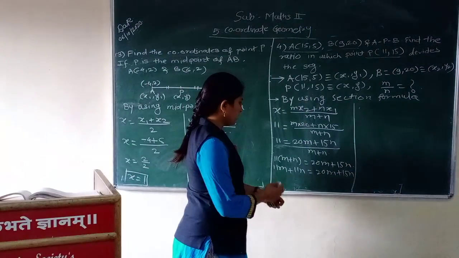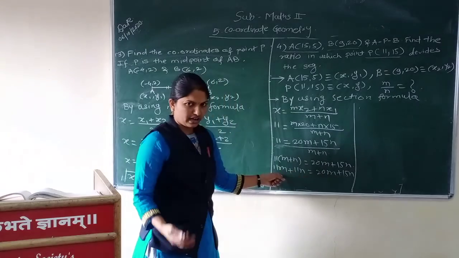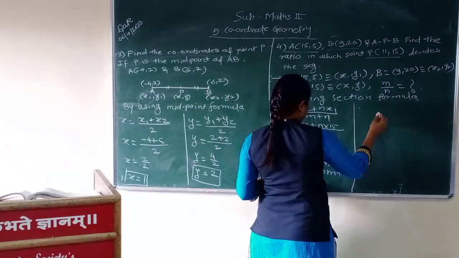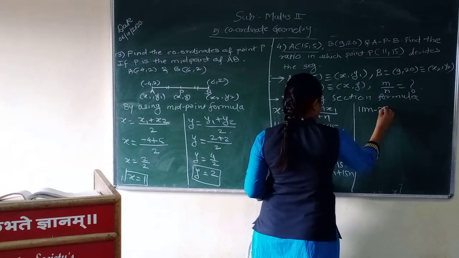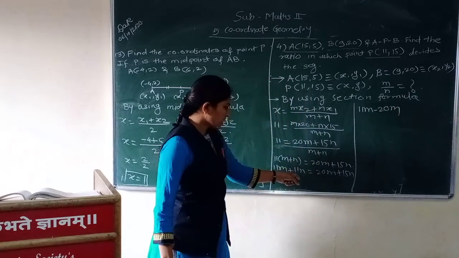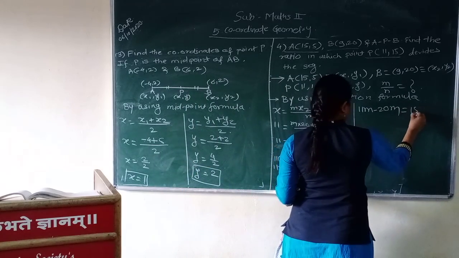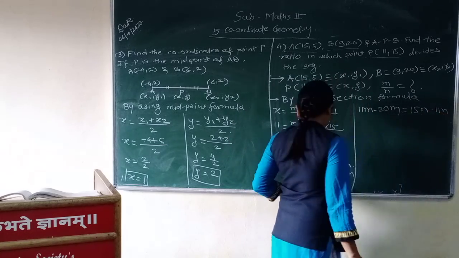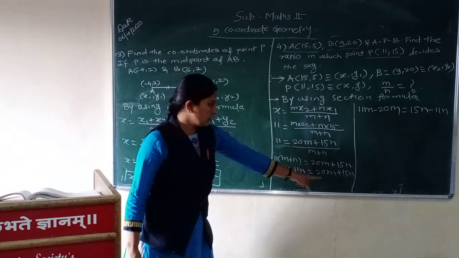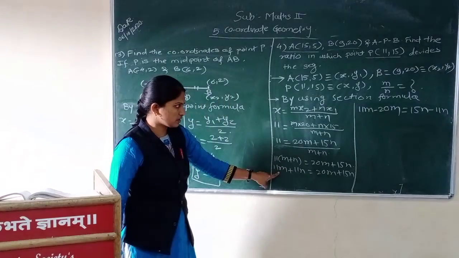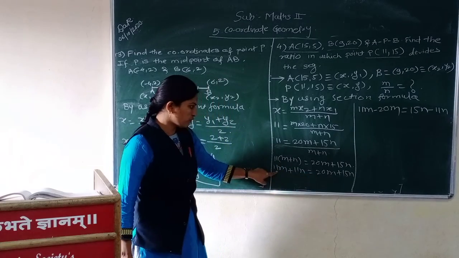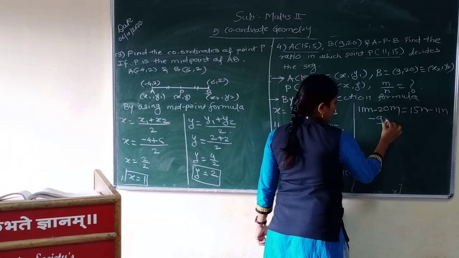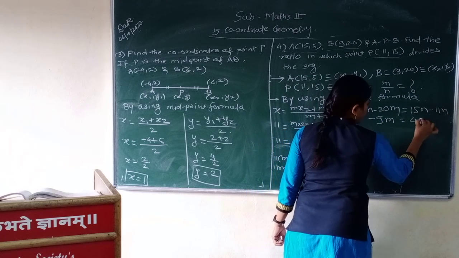Okay, then take all terms of m at one side and terms of n at another side. 11m minus 9m equals 15n minus 11n. Here 2m equals 4n.